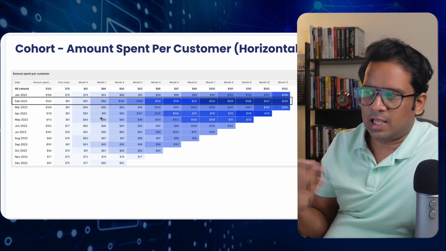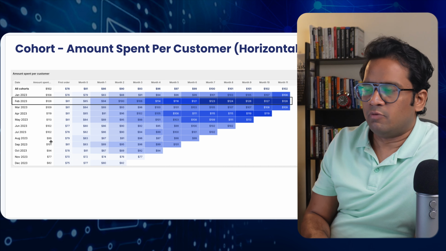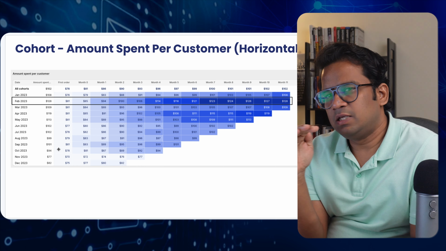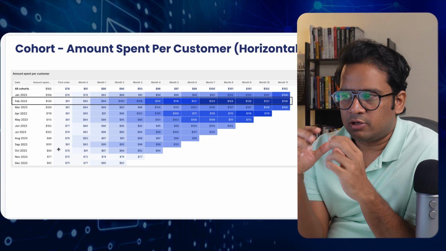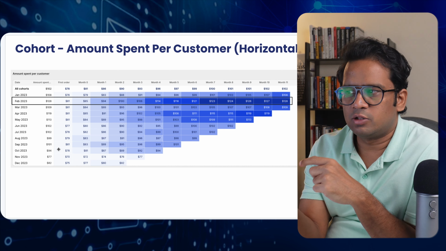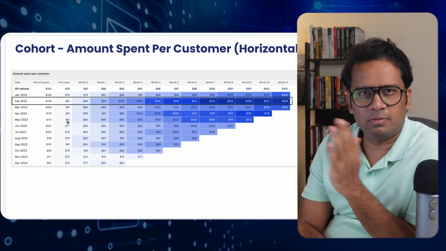Similarly, month on month, for August, you can have a look. You can see whether your customer acquired in October was worth more, or the acquisition done in May was worth more. So you look at their behavior month on month.